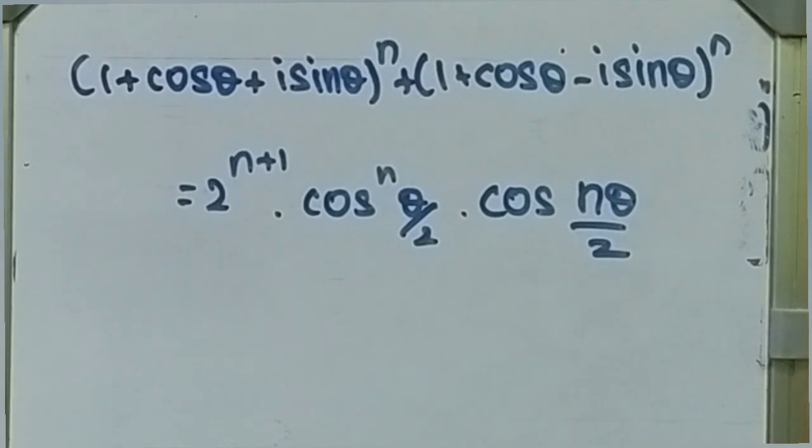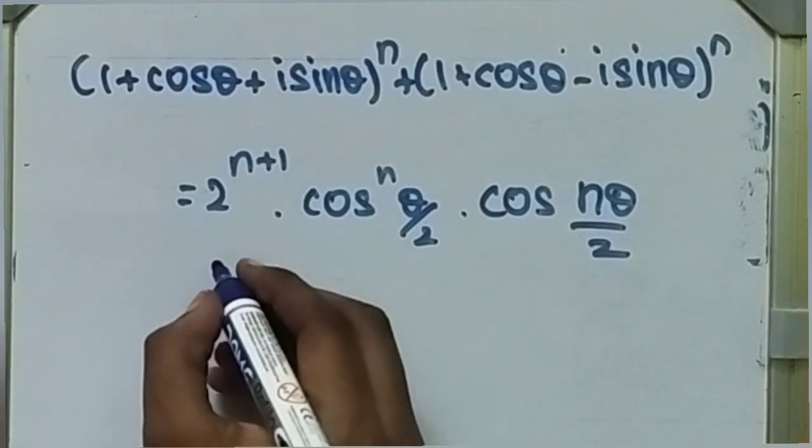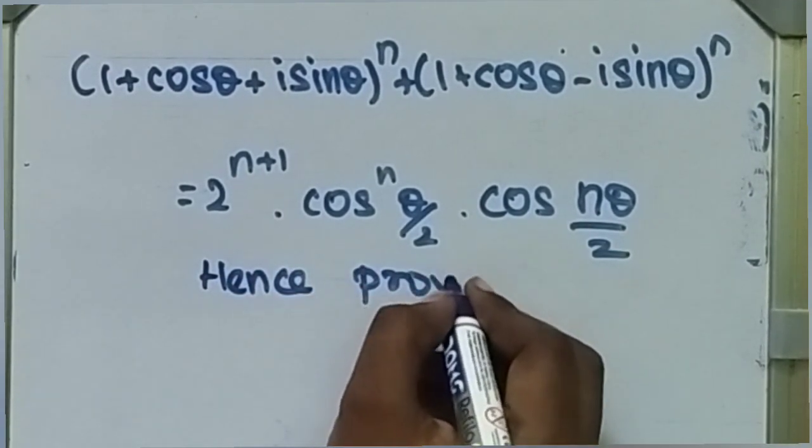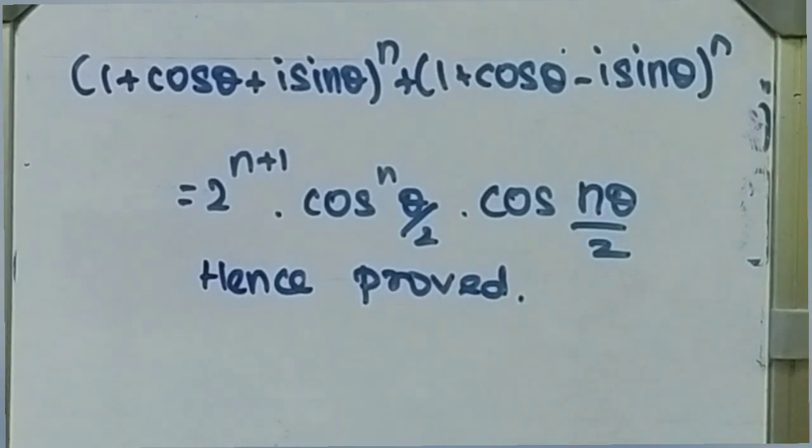So in place of sin theta, we substituted 2 sin theta by 2 multiplied by cos theta by 2. And we simplified it and found this. So after finding this, we write hence proved. Right? Right. So I hope you are clear with this sum. Clear? Thank you.